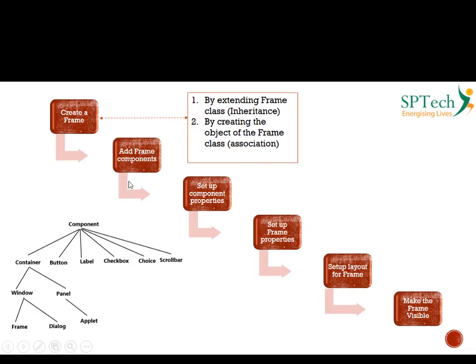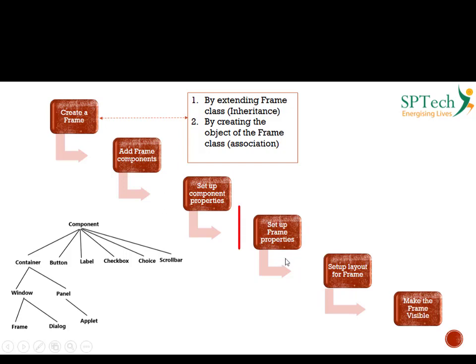Once you do that, you start to add the frame components. You need to start adding the components inside the frame. What are the components? It could be a button, it could be a text box. Whatever components you desire to add inside the frame, you add it. Then you set up the component properties by specifying the coordinate positions of that particular component and also their width and height properties.